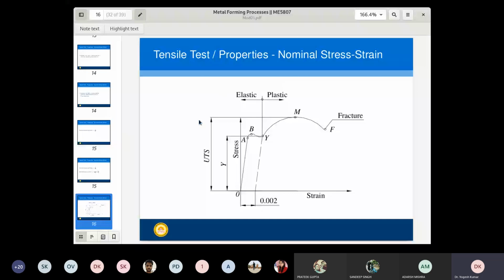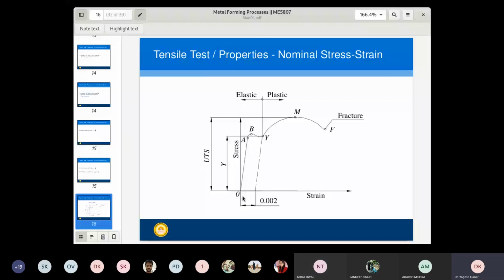You might have studied this diagram already in your manufacturing process course or other courses, but for a recap, we will discuss the different points on this stress strain curve. Here you can see this is our origin, and there is a line from O to A. What is this O to A line?